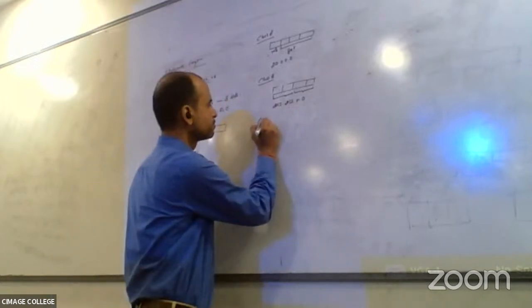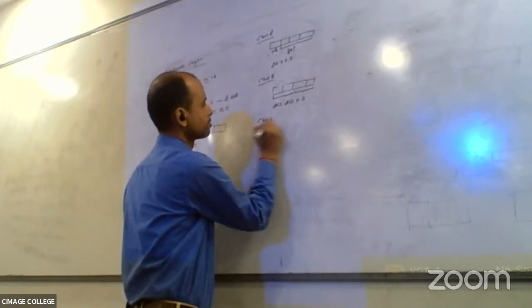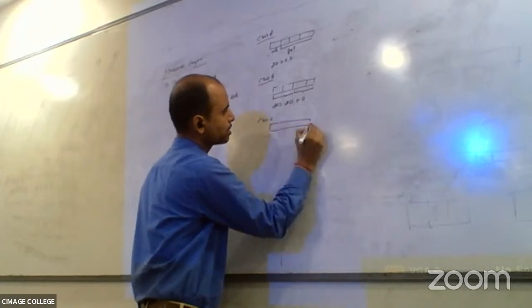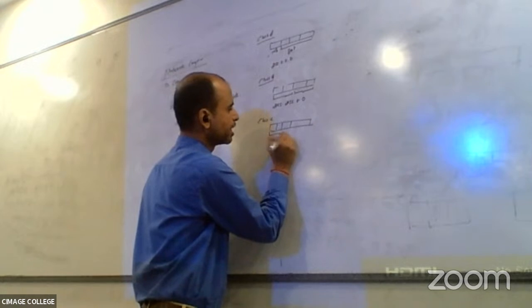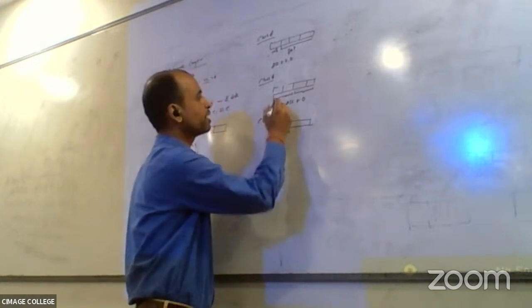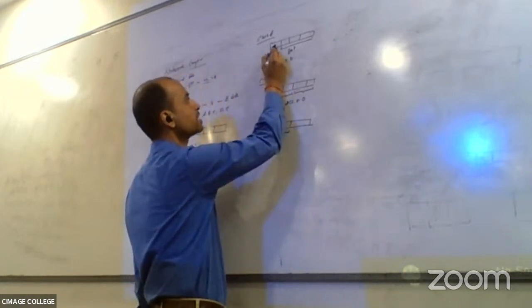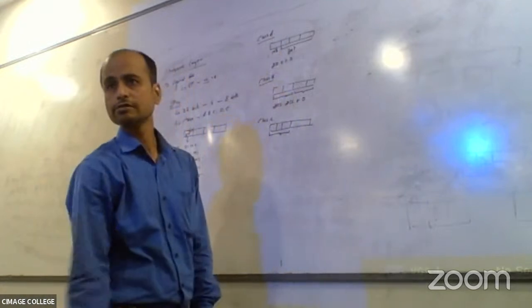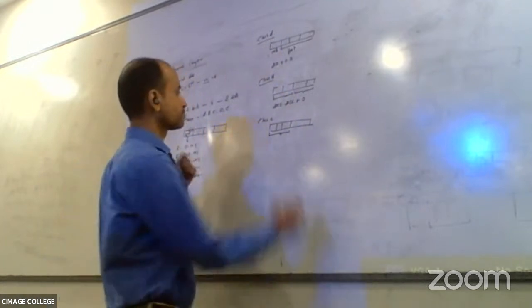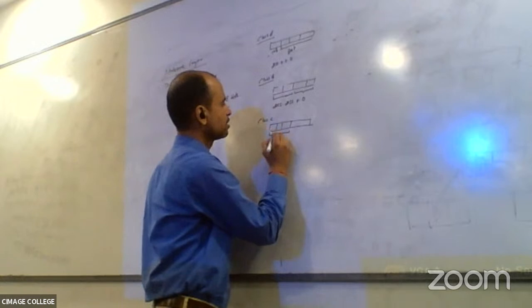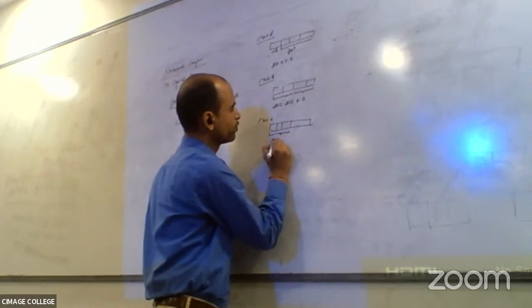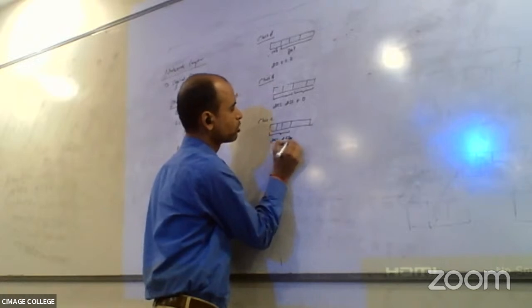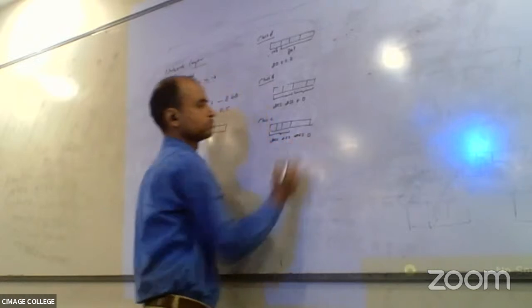Then class C, the first 3 parts are used to define the network. That's why class A has 8 network bits, class B has 16 network bits, and class C has 24 network bits. Fine. And the subnet mask is 255.255.255.0. Is it correct?